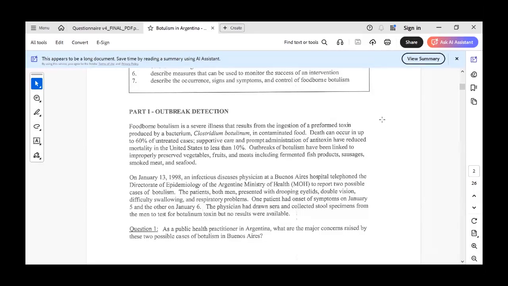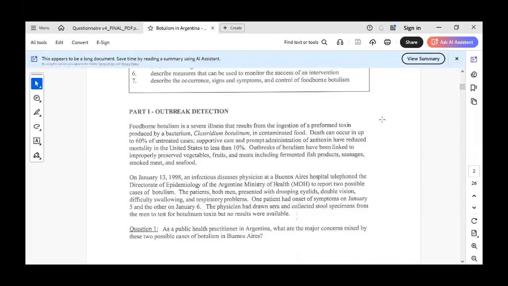One patient had onset of symptoms on January 5th and the other on January 6th. The physician had drawn sera and collected stool specimens from the men to test for botulinum toxin, but no results were available.